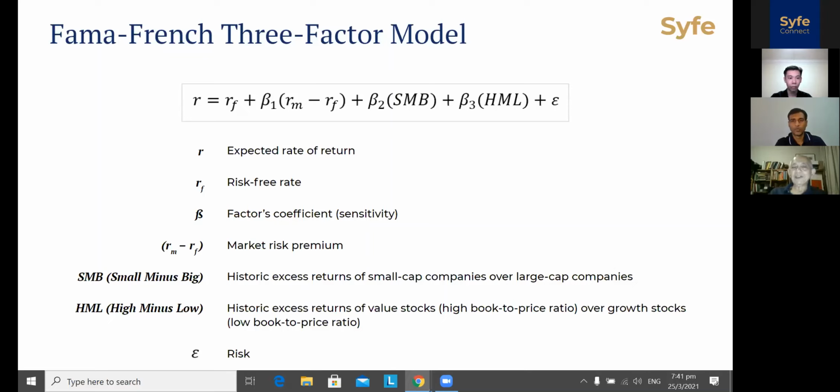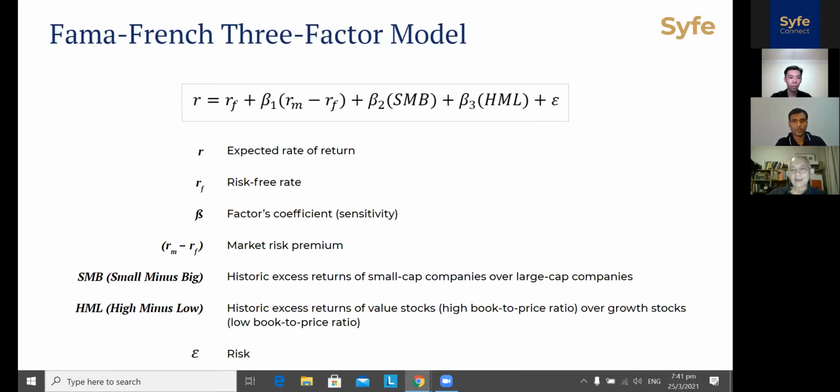Now, what Fama and French did was say, look, there's not only one beta, there are several betas. In the first iteration, they came out with three betas. Beta 1 is the CAPM beta, which is the market risk premium, okay? Beta 2 is the small size risk premium: they took the smallest stocks and minus off the largest stocks.